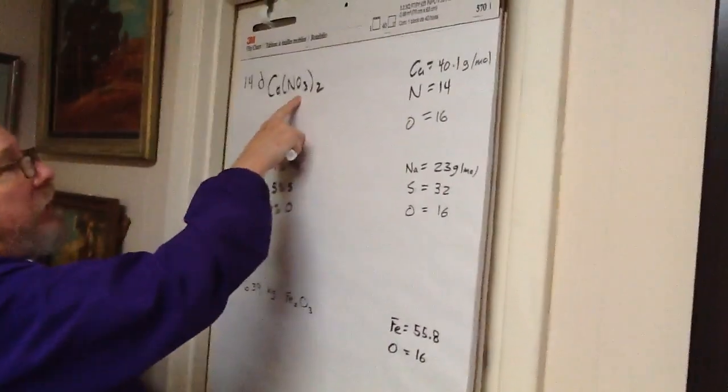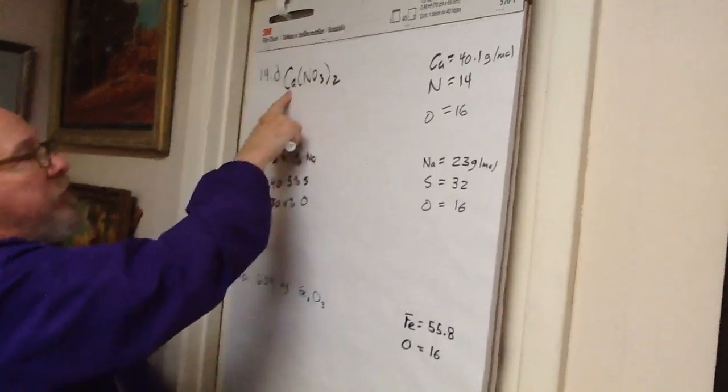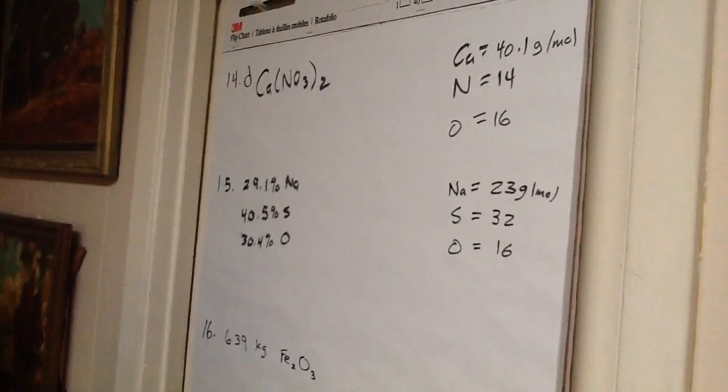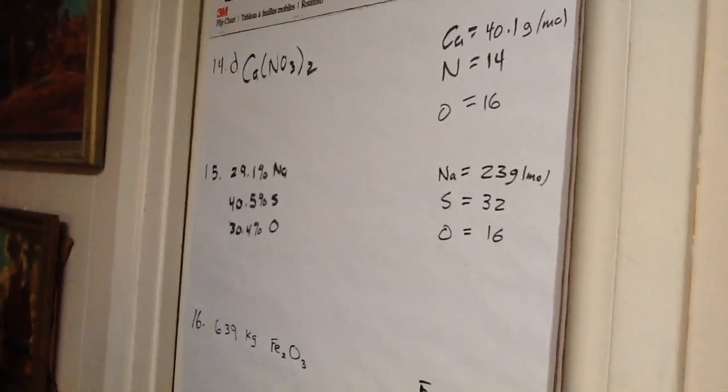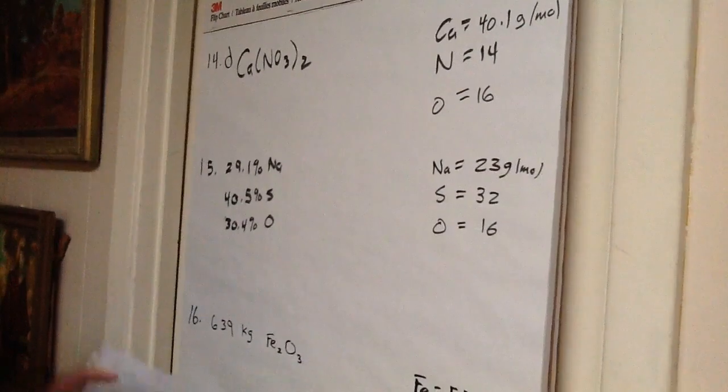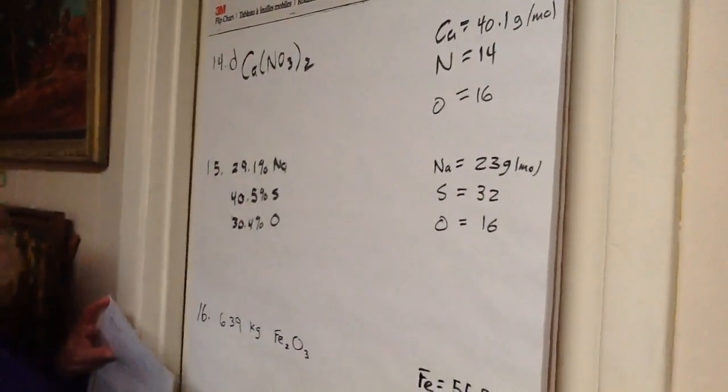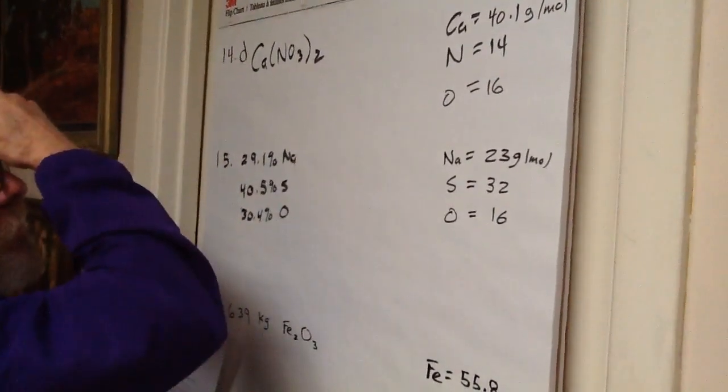So the last one is calcium nitrate, with the polyatomic ion nitrate. There's 2 of them. Calcium's a group 2 metal. It always has a +2 charge. The calcium has a molar mass of 40.1. Nitrogen is 14. Oxygen, once again, is 16 grams per mole.